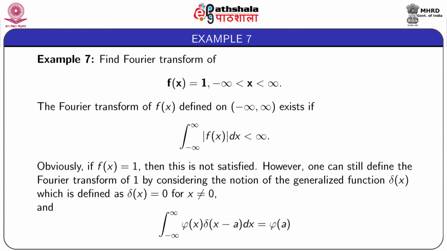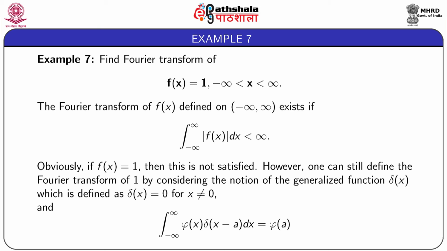Next we come to example 7. This is a very interesting example. We are to find out the Fourier transform of f(x) equal to 1, a very simple function, where x lies in the interval minus infinity to plus infinity.